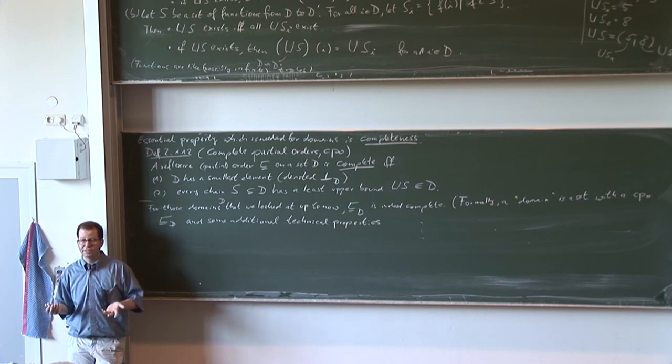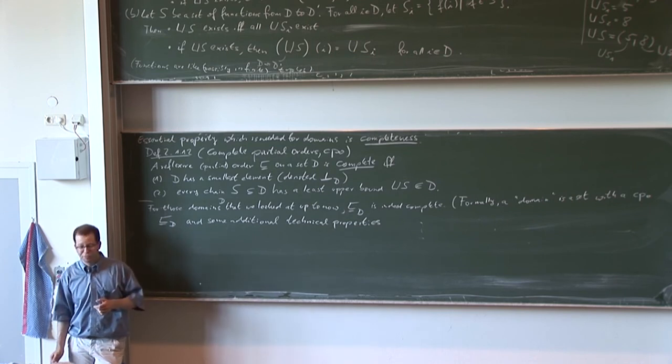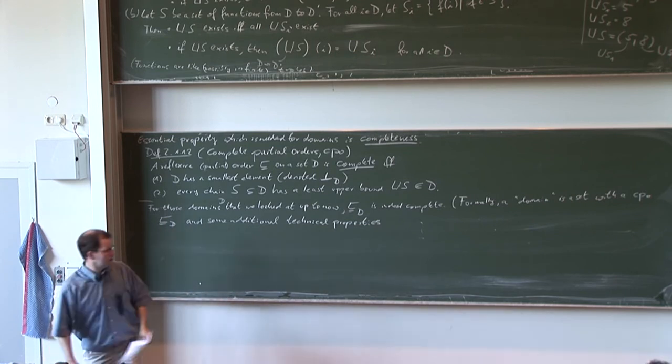If you think of Haskell, you have the possibility to say data, and then you introduce a new data type. Obviously, for these user-defined data types, you also need domains. We will say how these domains look, but to prove that these domains really exist, you need these additional technical properties. And this proof we will omit.